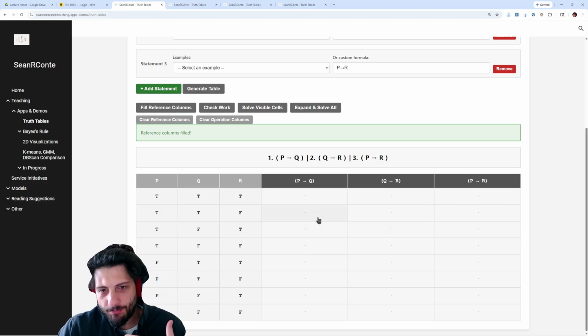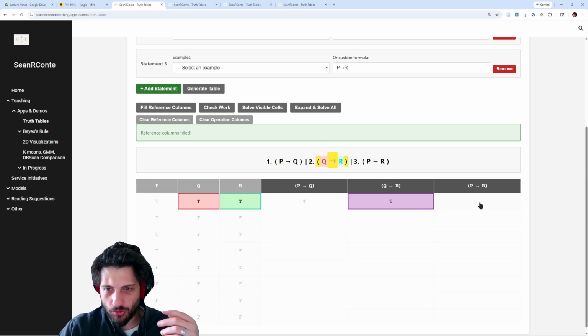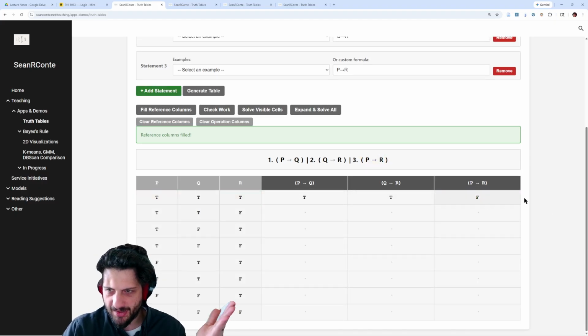But the idea is, in order for this argument to be invalid, we would have needed to find both premises true with a false conclusion. I would need to find a row that looks like this. True premises, false conclusion. And so what I can do is ask, based on this, can this link up?